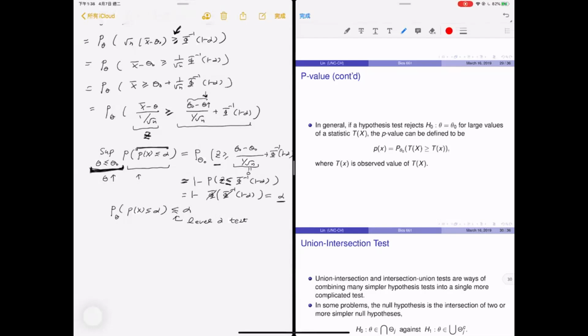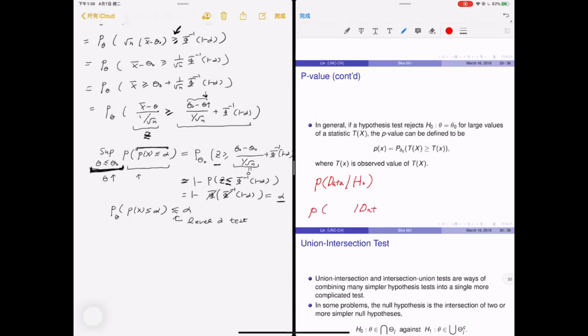So what does p-value actually mean? P-value means that if your null hypothesis is true, how much evidence your data is going to support you. That's frequentist thinking. But actually, a much more intuitive criterion should be this.